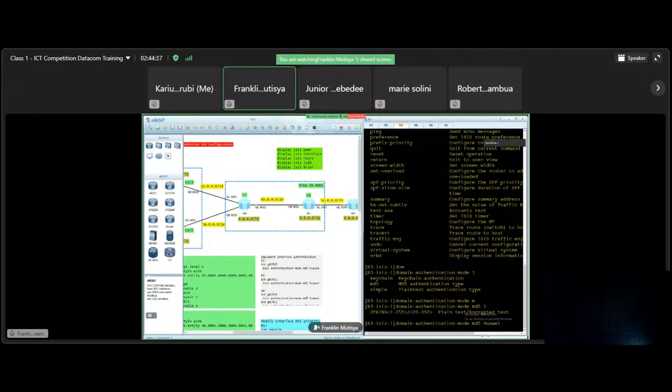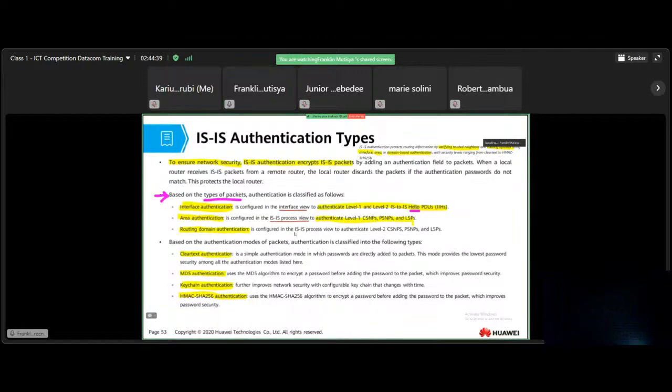So we have domain authentication, which is also configured in the ISIS view. Domain authentication targets the complete sequence number PDUs, partial sequence number PDUs, and LSPs. Area authentication targets the CSNPs as well as partial sequence number PDUs and LSPs.